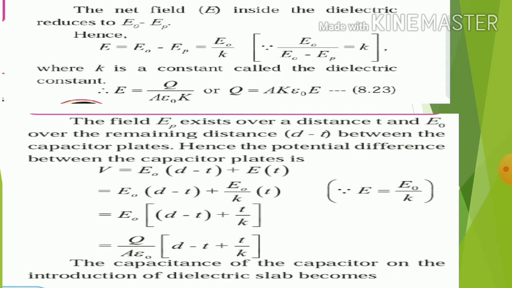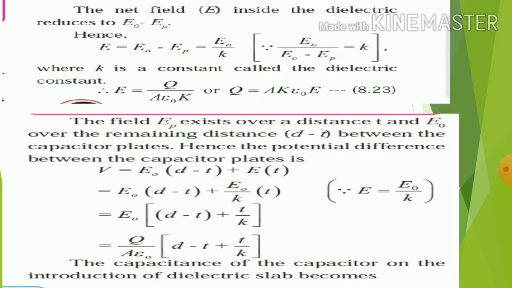Substitute the value of E0 and Ep, then this equation becomes E0 upon K, because E0 upon E0 minus Ep equal to K. Then the net electric field capital E equal to E0 minus Ep equal to E0 upon K, where capital K is the constant called the dielectric constant of the material.